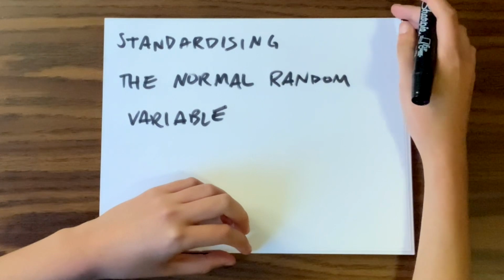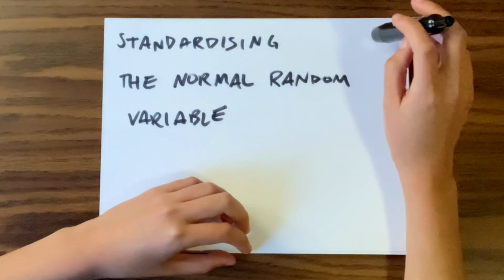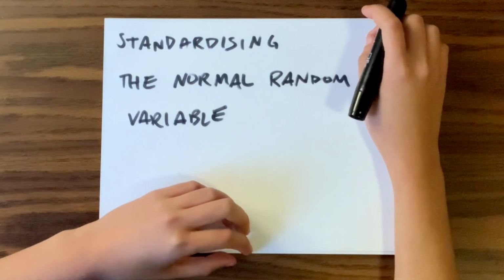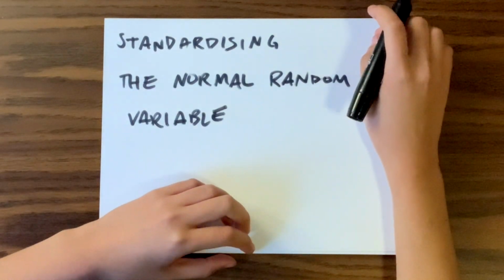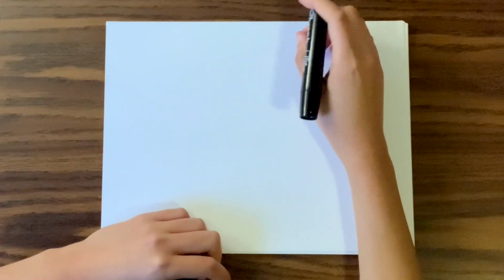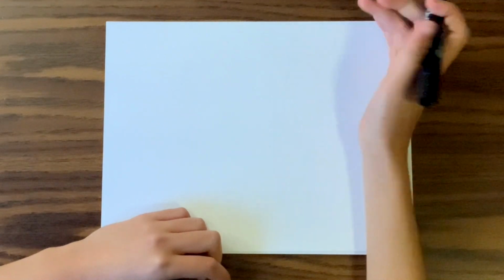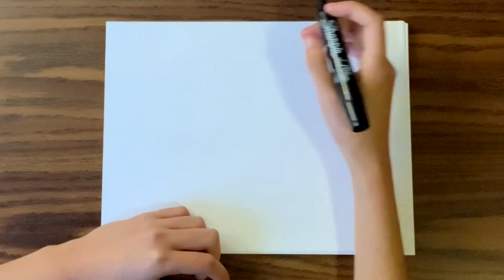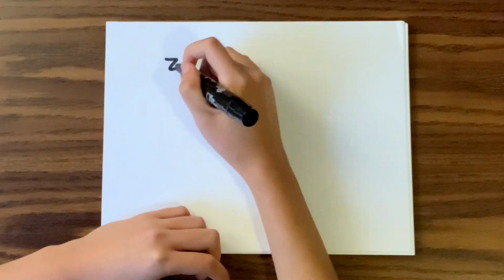It's probability and statistics. And today we're going to be talking more about standardizing the normal random variable, specifically in terms of binomial and Poisson. And so we talked about standardizing the normal random variable in a previous problem when you're given the normal distribution. And recall that we represent this by using a z value.